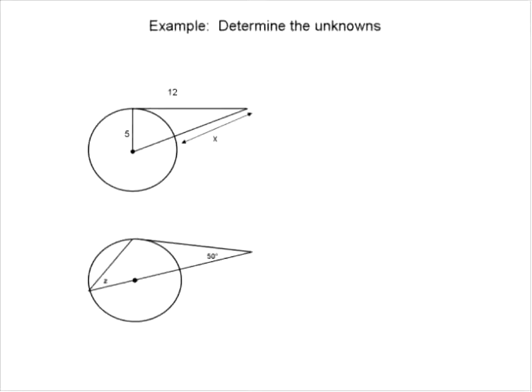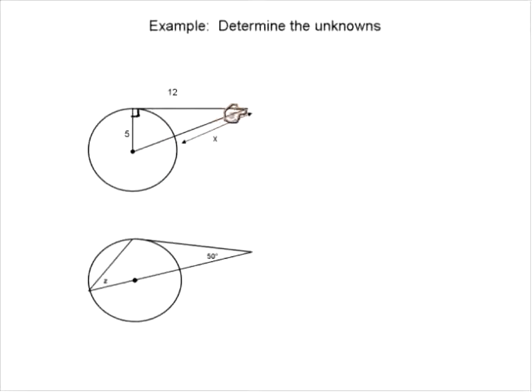So let's look at our first example. We want to find the unknown length. Well, if it's tangent, we know one thing that is going to help us a lot here. We know that this is a right angle. Now, if that's a right angle, we have a right angle triangle, and we can use good old Pythagoras to determine what the entire length is here. And this entire length is the hypotenuse.